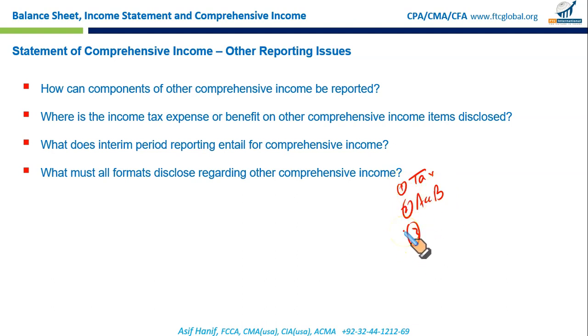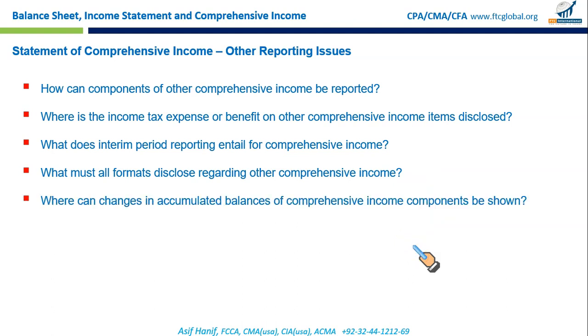The total accumulated other comprehensive income must be shown as a part of the statement of changes in equity. We'll discuss that as we proceed in the next lecture. And fourth, reclassification adjustments. Detail of reclassification needs to be given. Then the next question says, where can changes in accumulated balances of comprehensive income components be shown? They can be shown either on the face of financial statements or in the notes to financial statements.